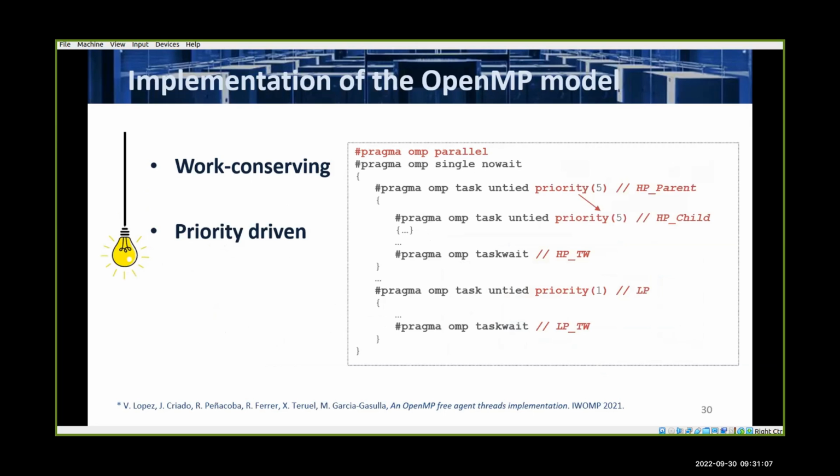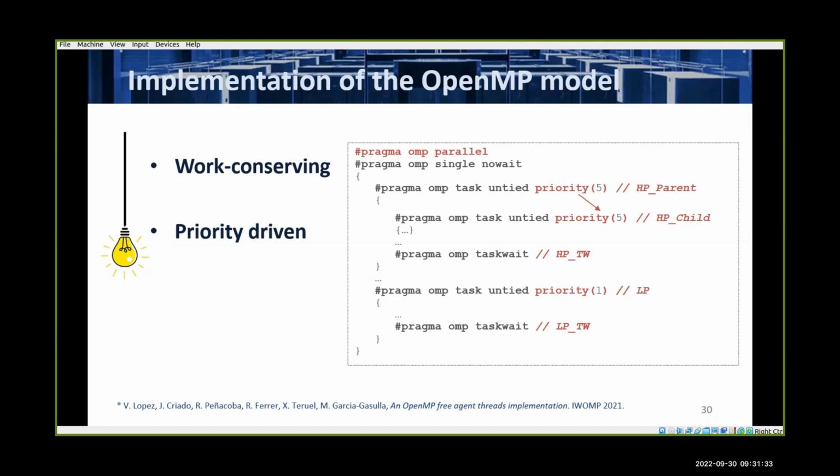So I'm putting this example here to show how an implementation could fail to fulfill these priorities. It's not just a matter of how we write the program, it's also a matter of how we implement the system. So in this example, we have a high priority task, the first one, that includes another task inside and a taskwait, and then another task in the outer level, which is a low priority task that also includes a task.